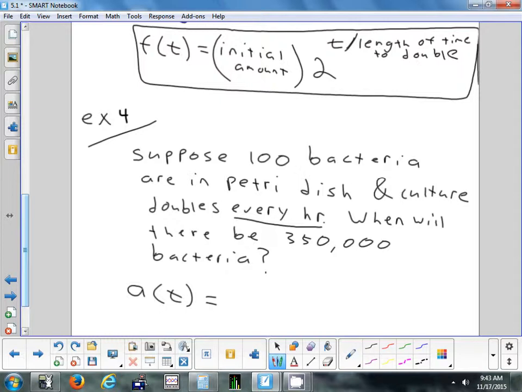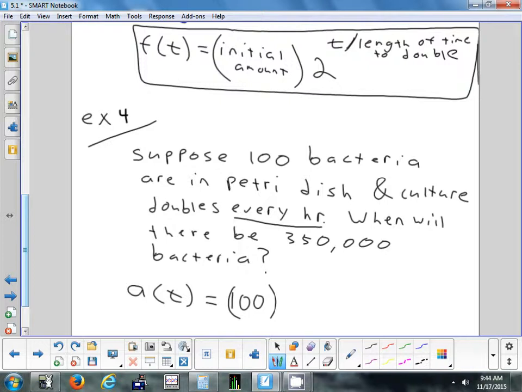Yep, start with your initial amount times what? So what's going to be my formula for the amount of bacteria here as a function of time?